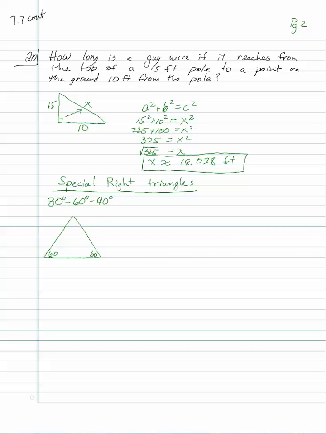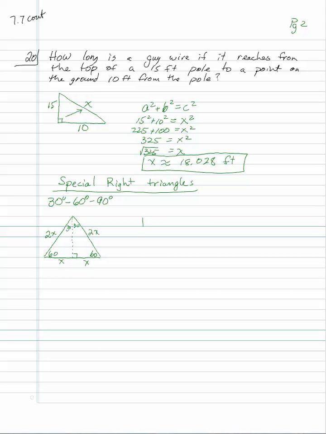So if I let this be, we'll call this 2x, 2x, and then if I drop the altitude from the vertex at the top there, that's going to be a right angle, and that splits that 60-degree angle into 2 30s. So see, that's going to give us x, x.